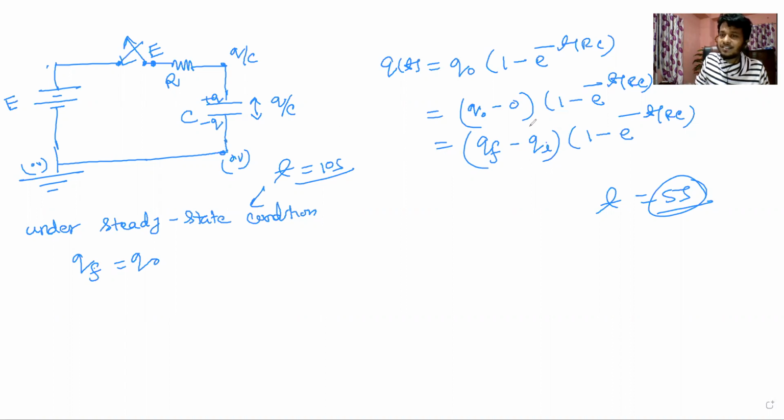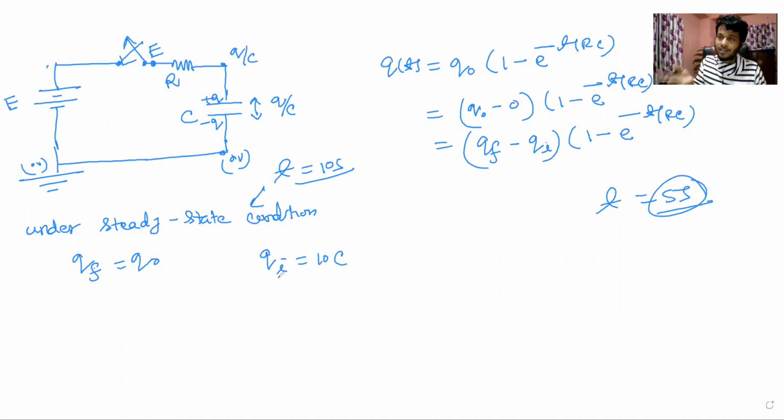Here the initial charge is Qi, and suppose Qi is not 0. That means we have taken a partially charged capacitor. Isn't it possible that the capacitor was previously charged? Suppose the capacitor's initial charge was 10 coulomb.